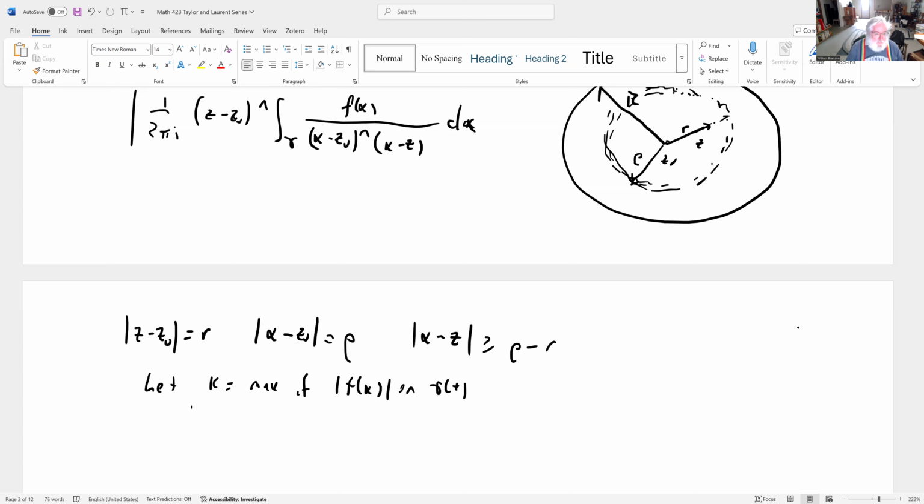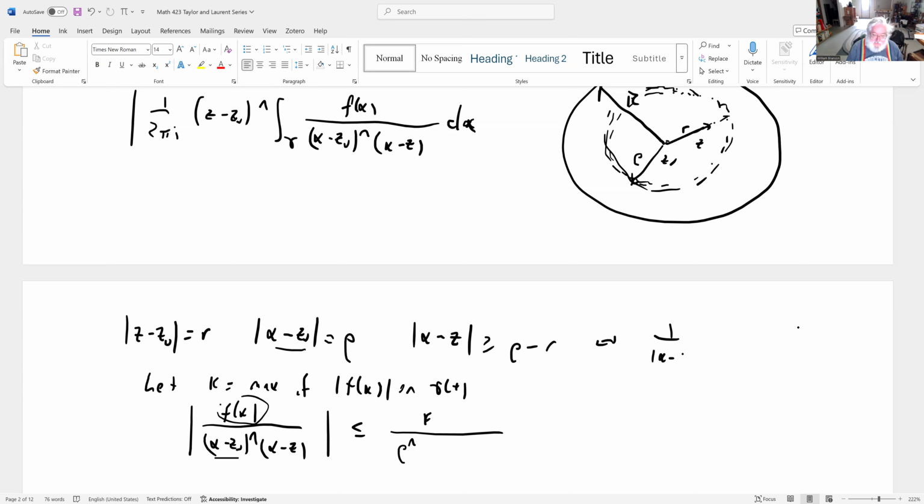Then the modulus of f of alpha over alpha minus z0 to the n, alpha minus z is less than or equal to, well, this part is in the top, and we know that's less than k. This part in the bottom, we know that's actually equal to rho, so we don't need to do any estimates there. Alpha minus z, we know that's got to be bigger than rho minus r. That means 1 over modulus alpha minus z has to be less than or equal to 1 over rho minus r. And so we can put that in there because we're looking for less than.